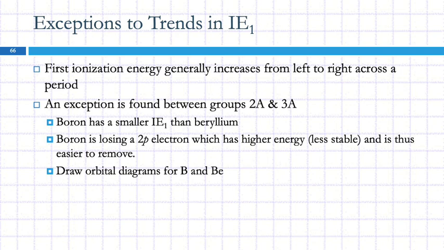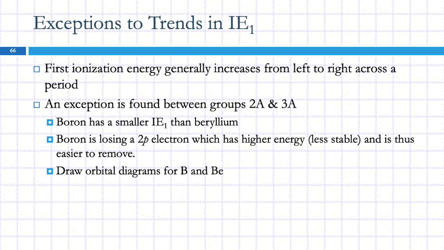So we just finished saying that ionization energy generally increases from left to right across a period because the atoms are getting smaller. But there's an exception between groups 2A and 3A. So draw orbital diagrams for boron and beryllium.